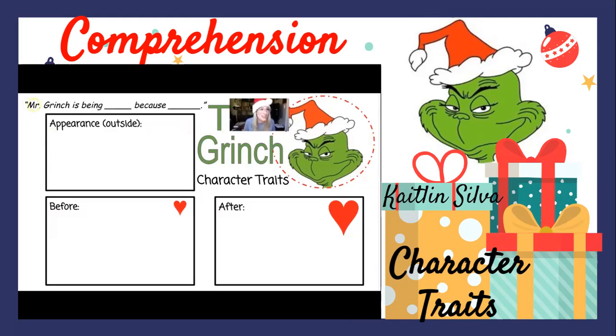So here is a sentence stem for you up here to remind you, Mr. Grinch is being blank, because, and this is where your text evidence goes. So first, let's just talk about some of those outside traits, his appearance. So what do you think? What should we put here?